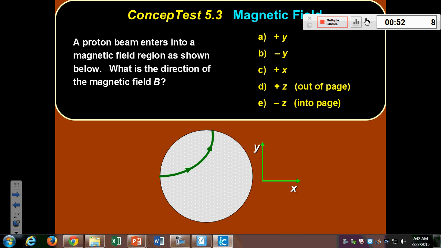Not many of you have the right answer. Only one of you has the right answer. We're not looking for the direction of the magnetic force. We're looking for the direction of the magnetic field.